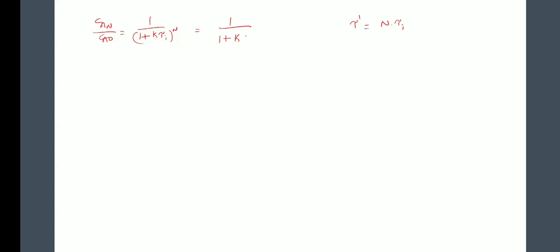So in place of tau I, I can write tau dash by n. Correct? This is whole to the power of n.